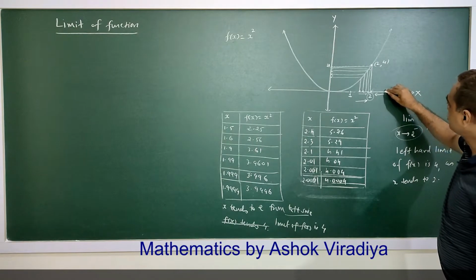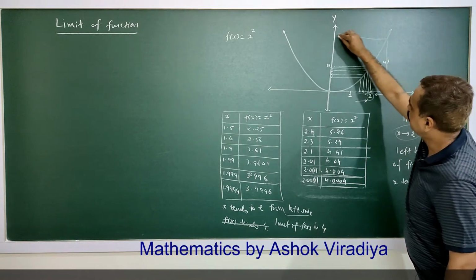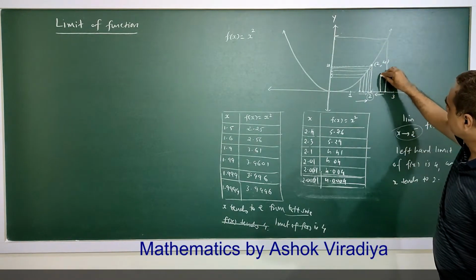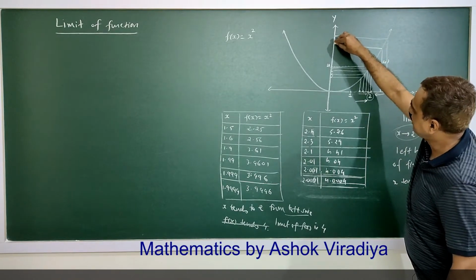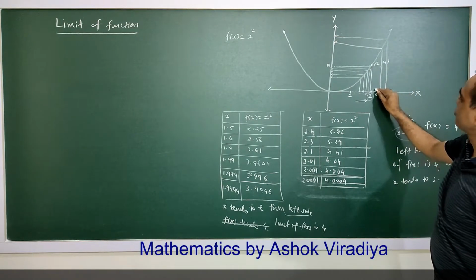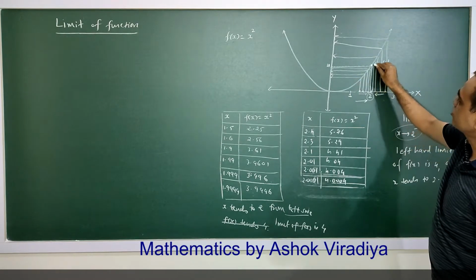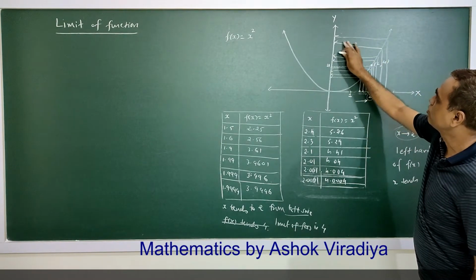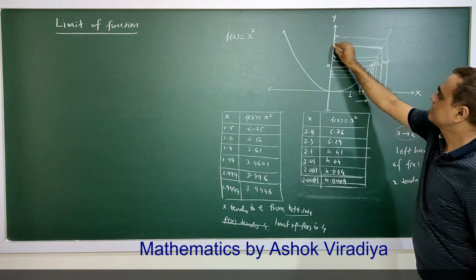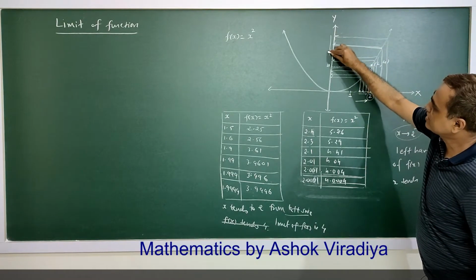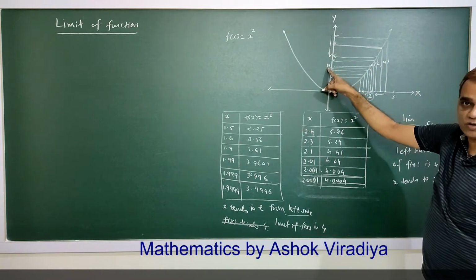Taking this value of x, this is f(x). So as x is going near and near towards 2, we are getting values coming closer and closer to 4.